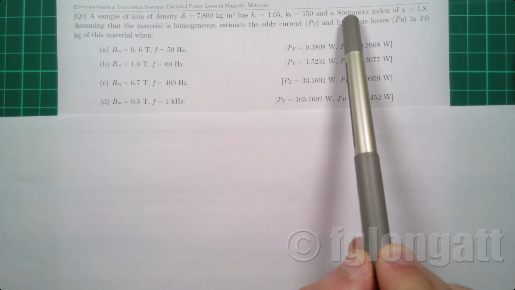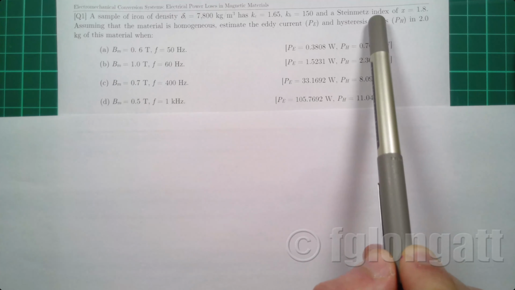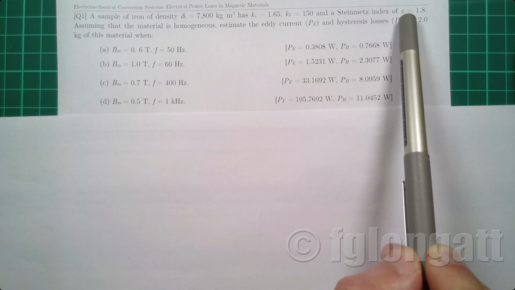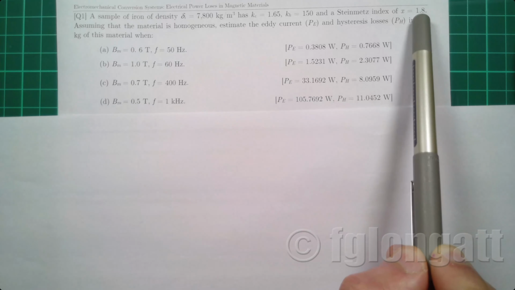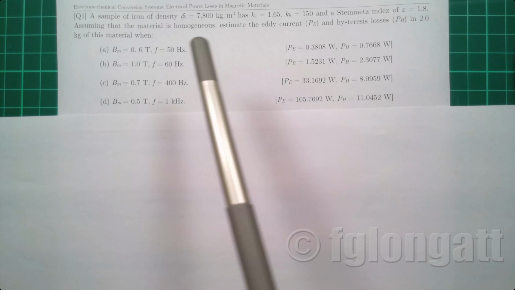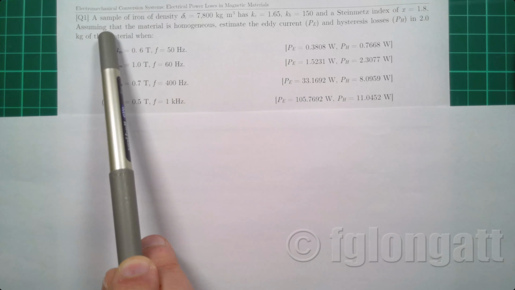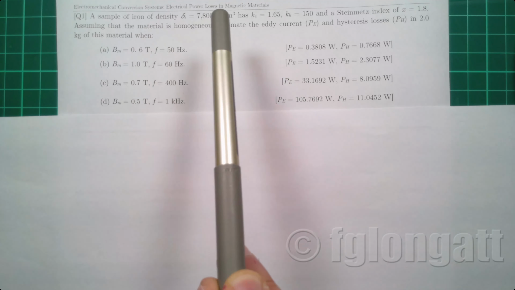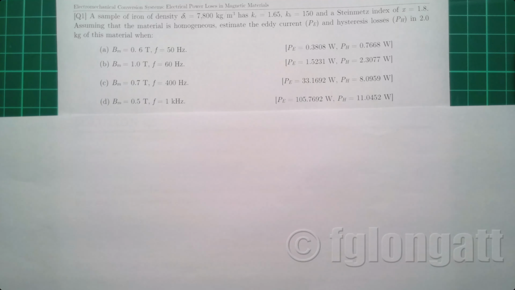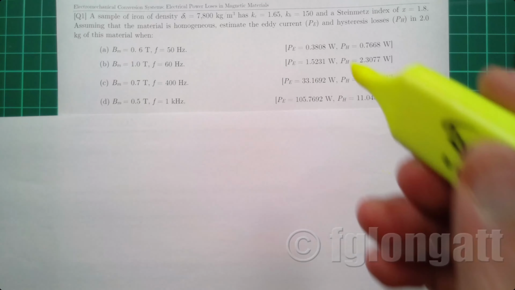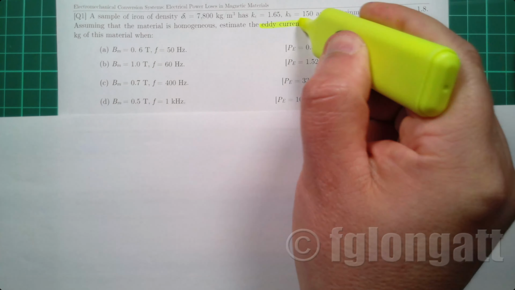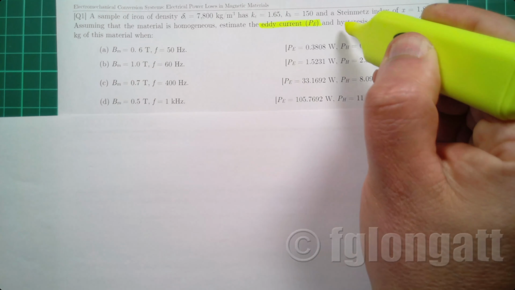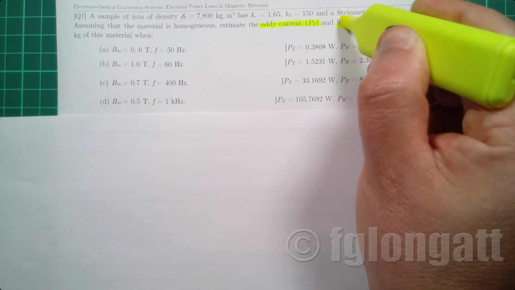Also, the Steinmetz index, defined by the letter x, is equal to 1.8. So if we assume that the material is totally homogeneous, we want to calculate the eddy current losses PE and also the hysteresis losses.